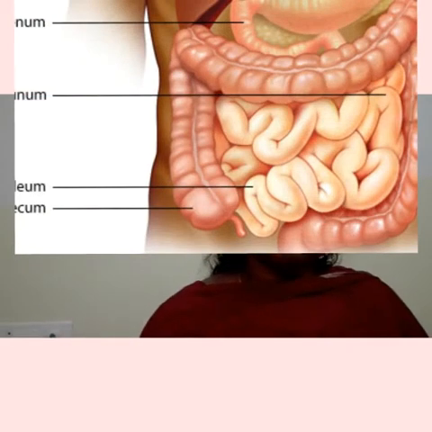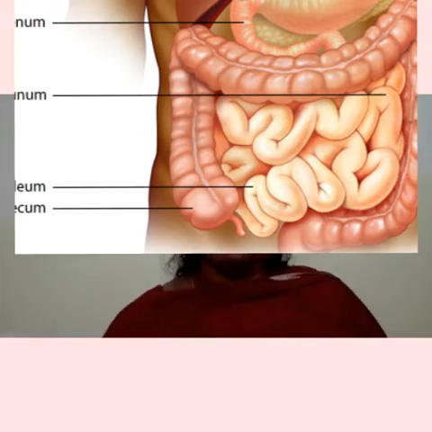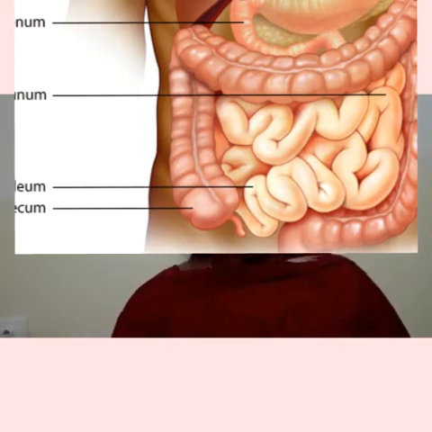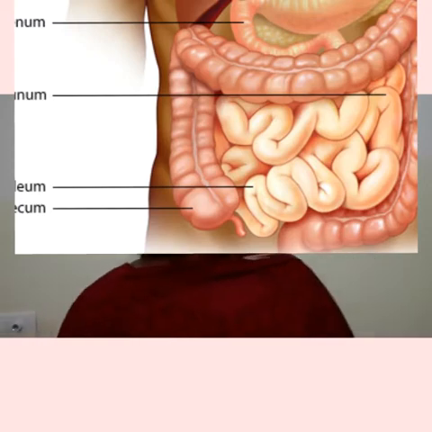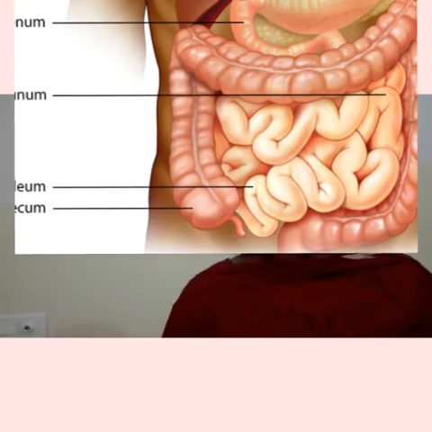Then after that you can see 2 pictures. The first one is the picture of the stomach. Then the stomach is made up of these 4 types of animal tissue: epithelial tissue, nervous tissue, connective tissue and muscular tissue.